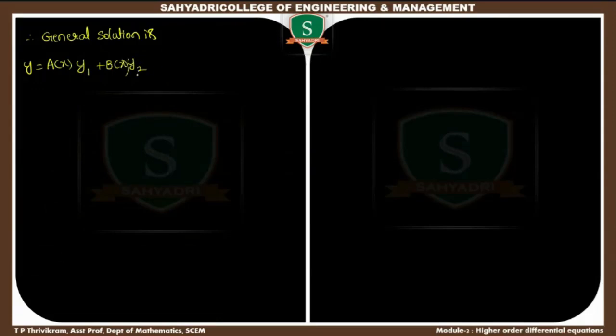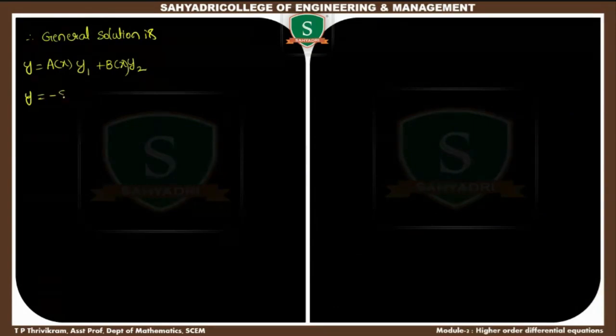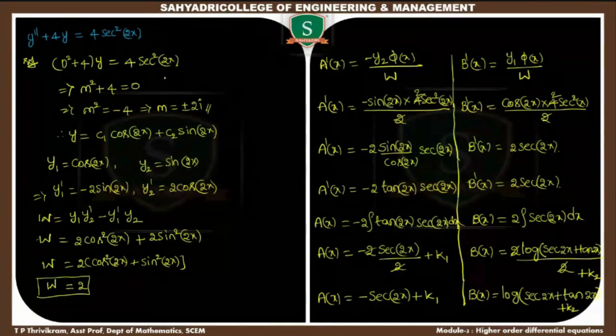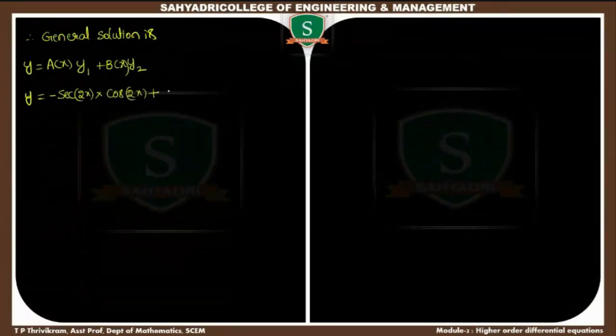Which is nothing but y is equal to a of x, minus secant 2x, into y1, which is cos 2x, plus b of x, log of secant 2x plus tan 2x, into sin 2x.